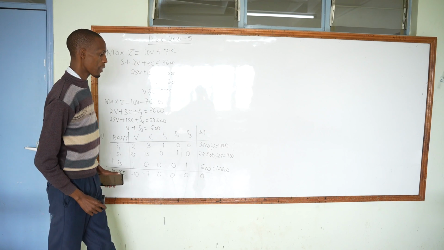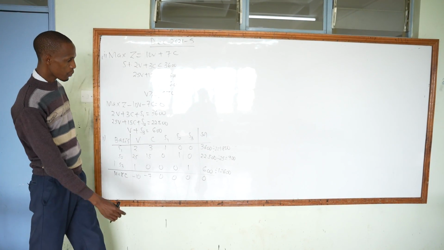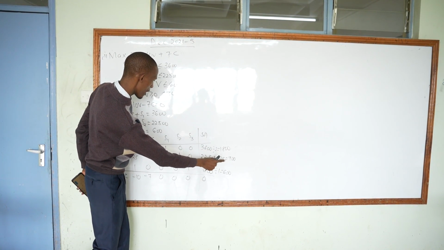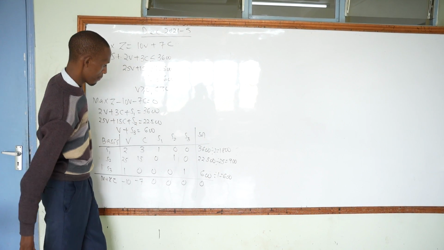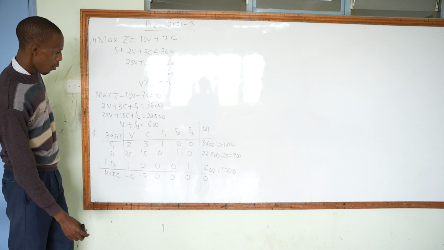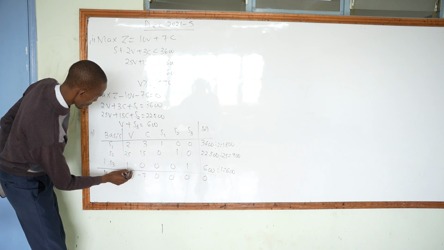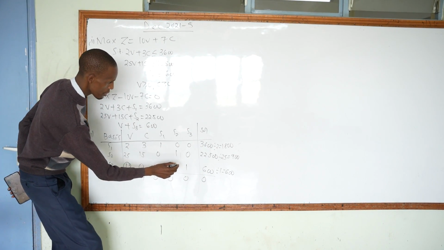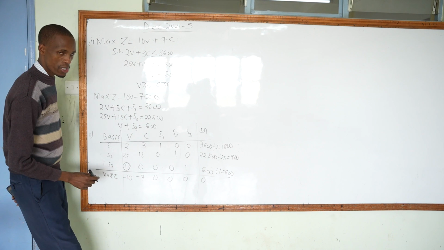Now, which is the smallest quotient between 1800, 900, and 600? The smallest quotient there is 600. So this is the smallest, so this will be the pivot element.